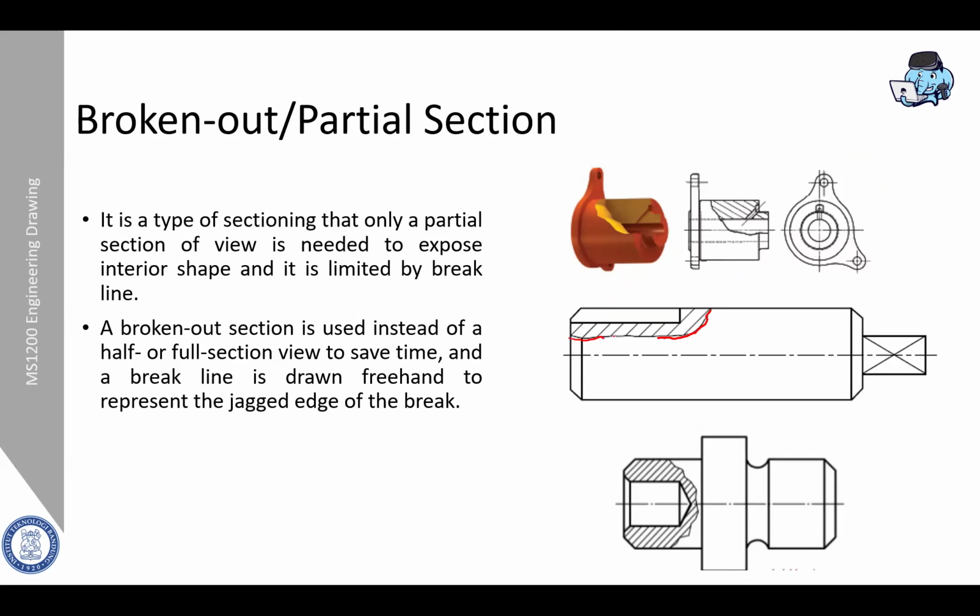This kind of section is used instead of a half or full section view to save time, and a break line is drawn freehand to represent the jagged edge of the break. So you draw this break line freehand, as you can see like this. Only partial section is drawn. So this is called broken out or partial section.